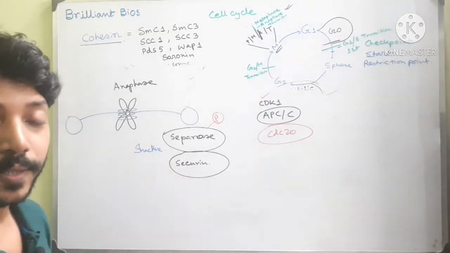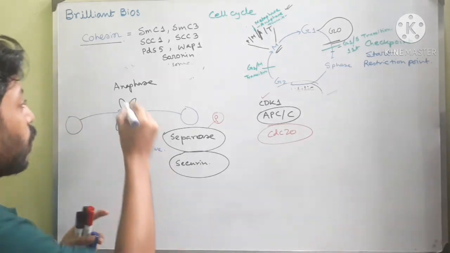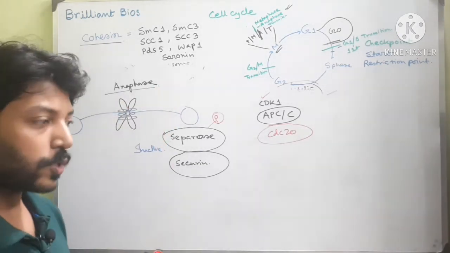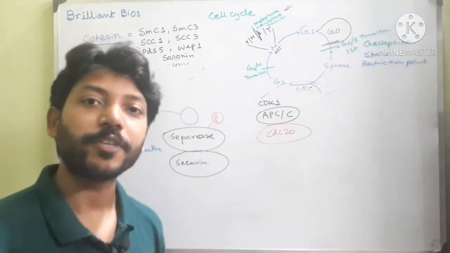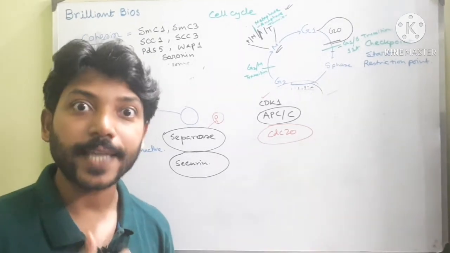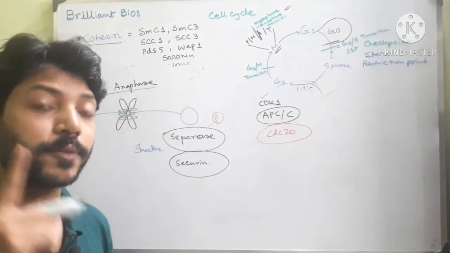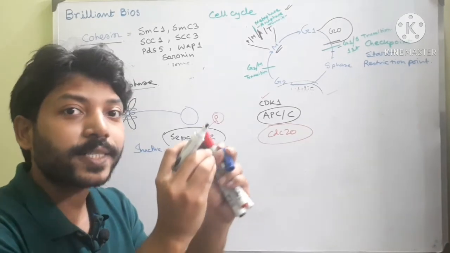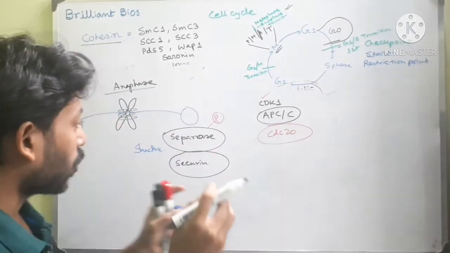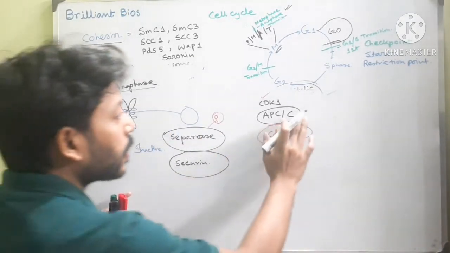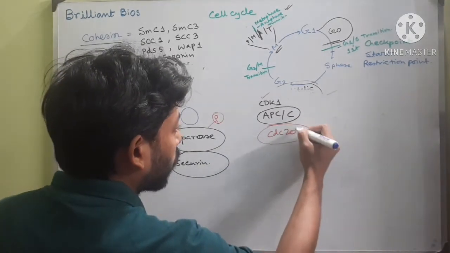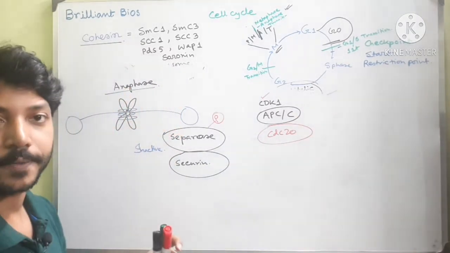Now the actual story begins from the anaphase, because we know that the M phase, the mitotic phase, can be divided into prophase, metaphase, then anaphase, and we know that in anaphase the two sister chromatids get separated. So in the anaphase this protein APC/C, which is associated with CDC20, gets activated.